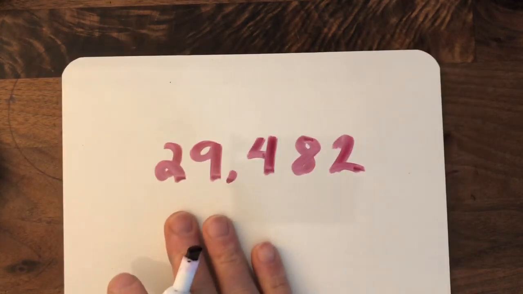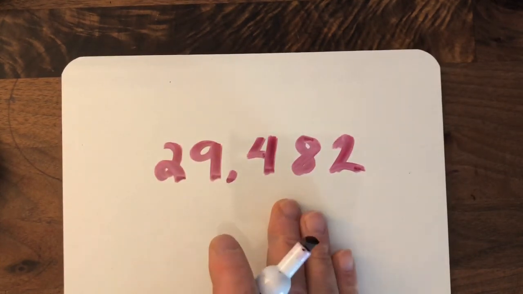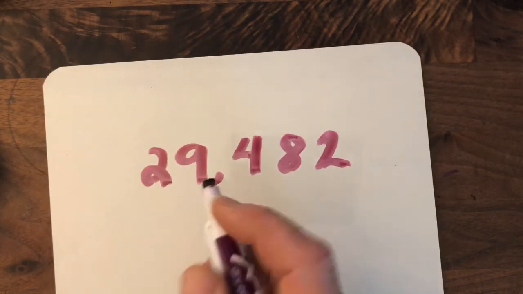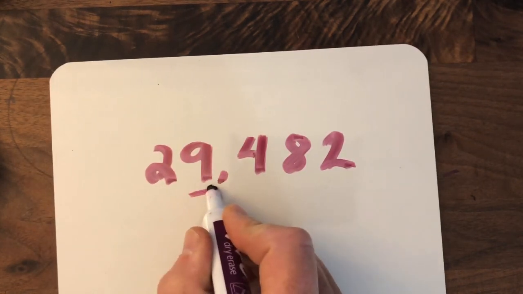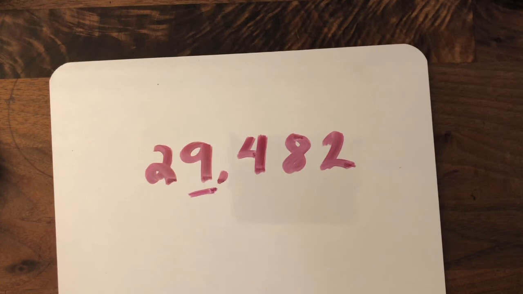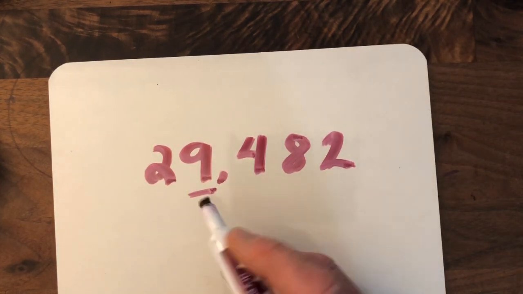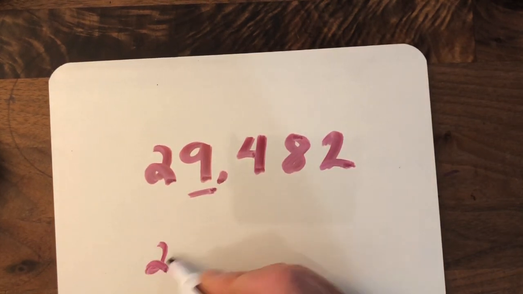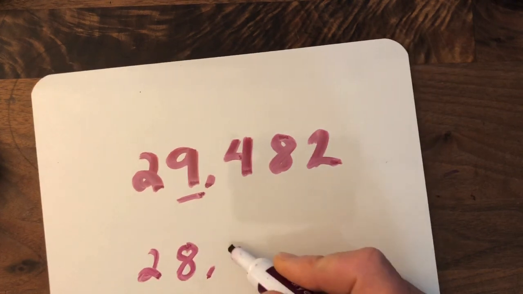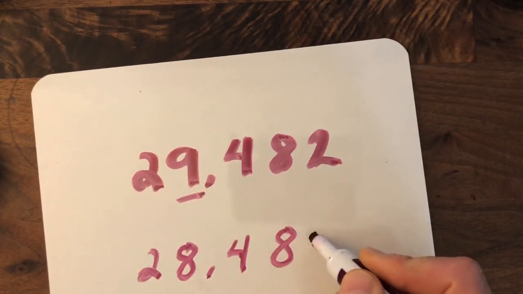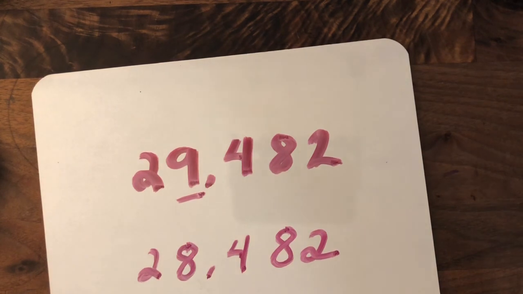What's 1,000 less than 29,482? Well, I would go to my thousands place and think, well, what's one less than that? In your head, if you said, oh, it's 8, well, you're right. 1,000 less than 29 is 28. So I would have 28,482, okay? Just like that.